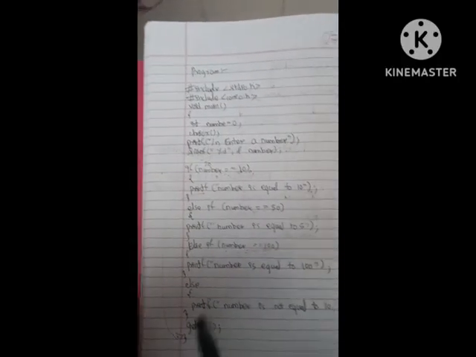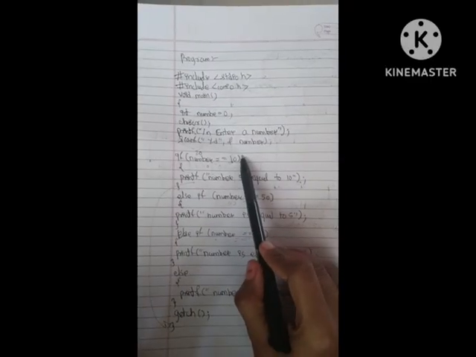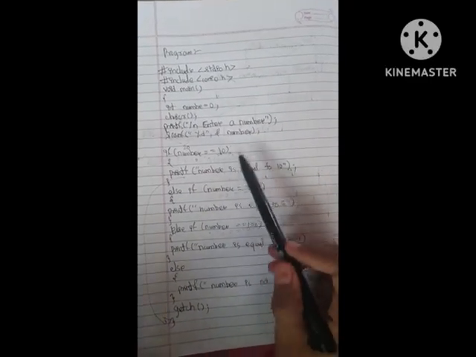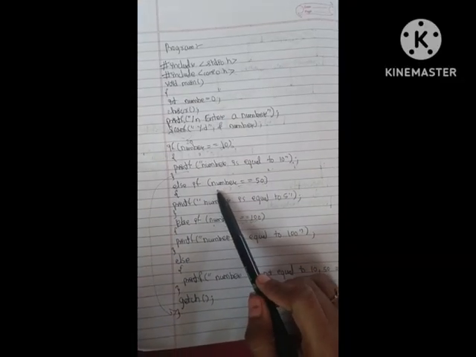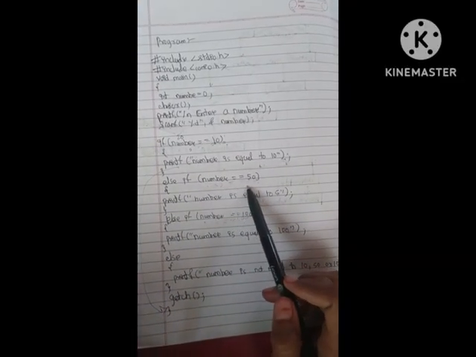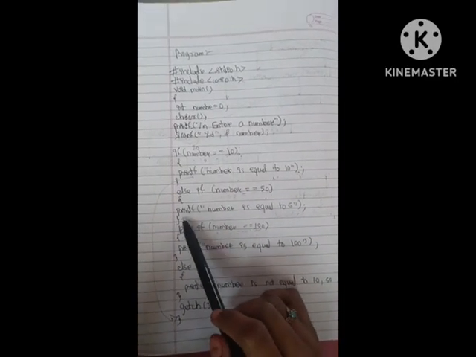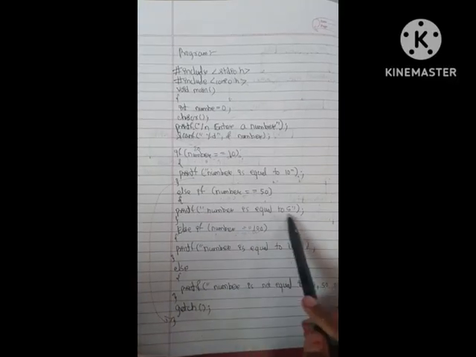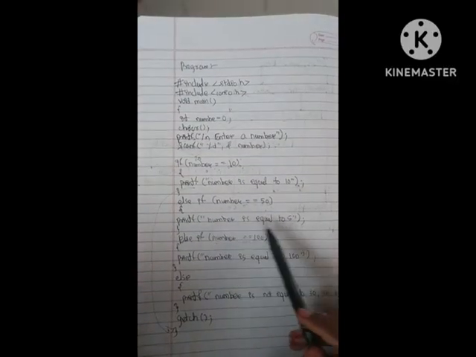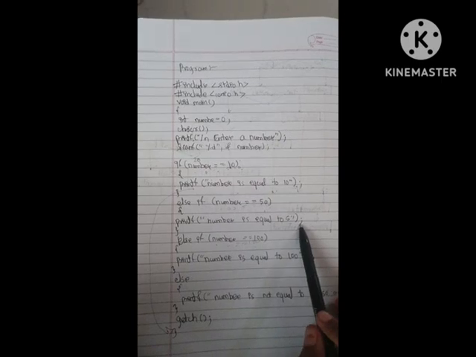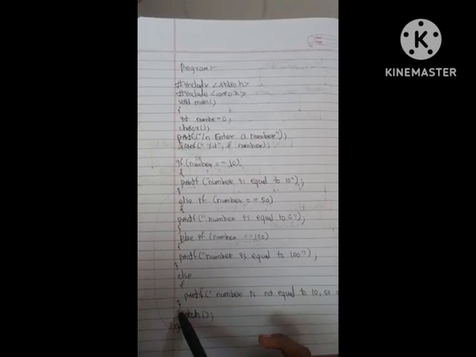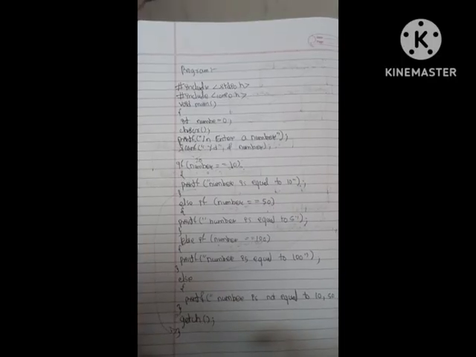If we take the number as 50, then the first condition won't be satisfied and it goes to the second condition, that is 50 is equal to 50. Then it is true. So this statement is executed, and after executing it, it goes out of the if-else block.